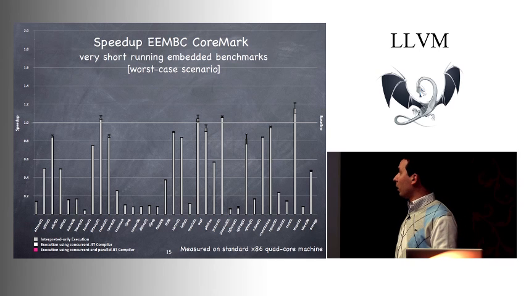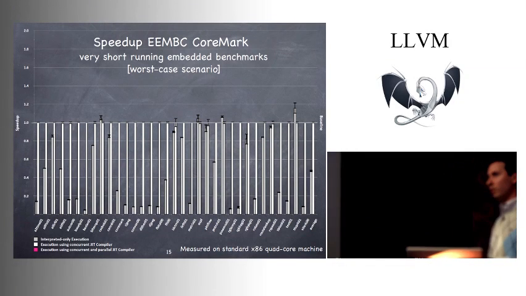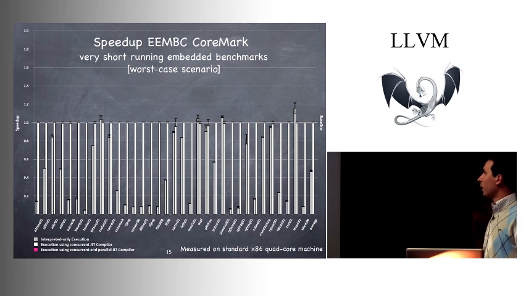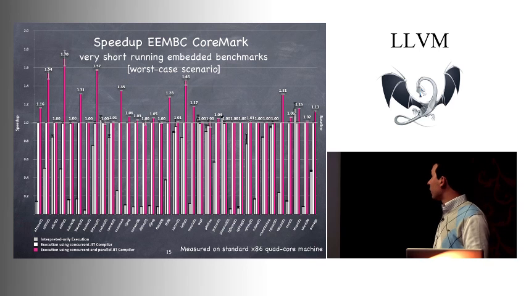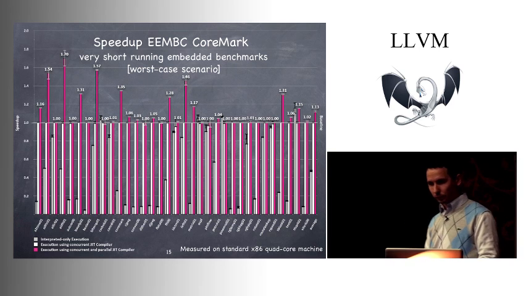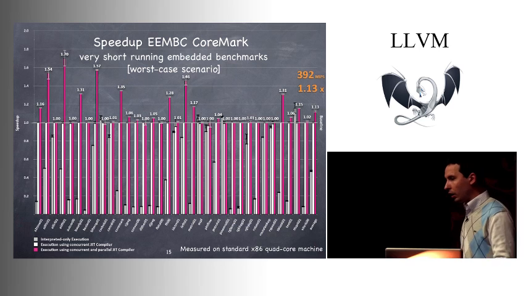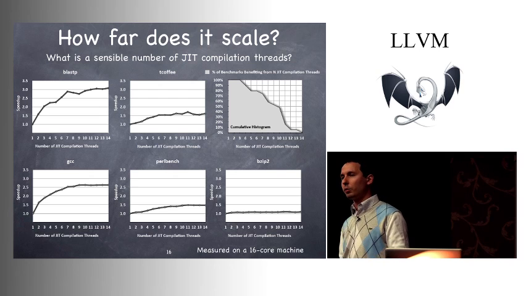So what we want to show with this evaluation is that even for that extreme case, where you might argue that even the startup of the system, where we spawn 3 JIT compilation threads, would slow it down, there's never a slowdown, and overall we have a 1.13 speedup on average across the whole benchmark suite, which translates into 392 MIPS in terms of simulation rate.